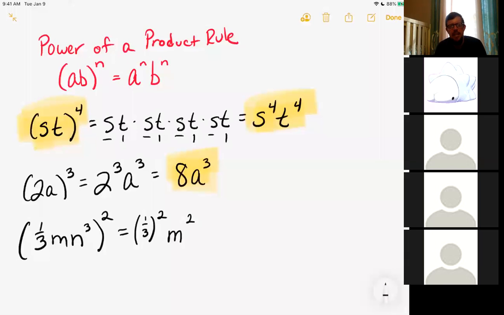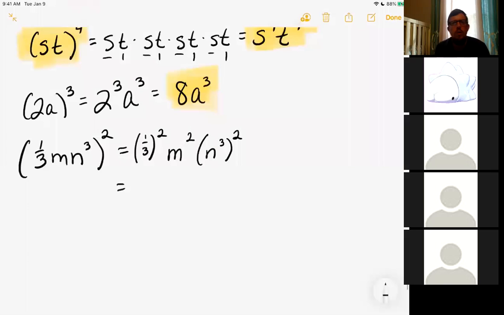And then I have n cubed squared. So that's going to look like n cubed squared. So 1/3 squared is 1/9. You square the top and the bottom.